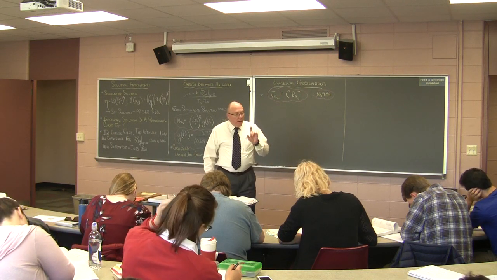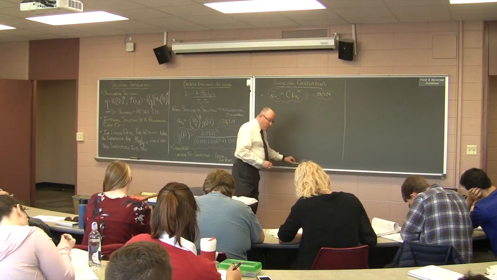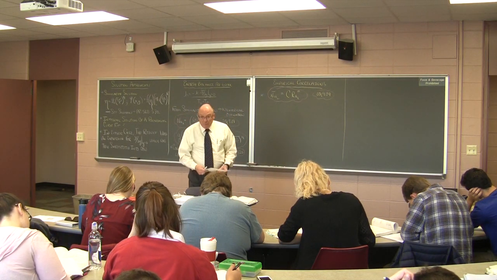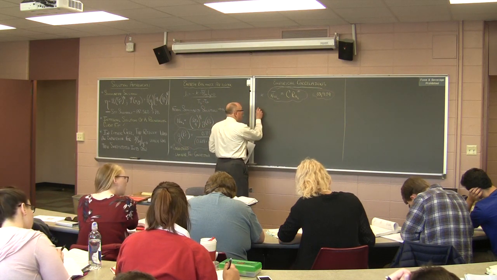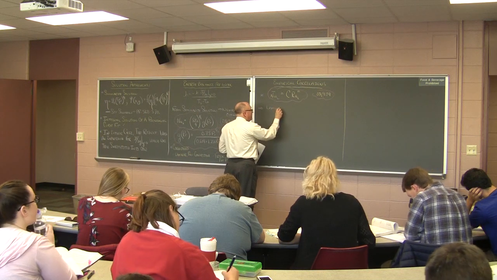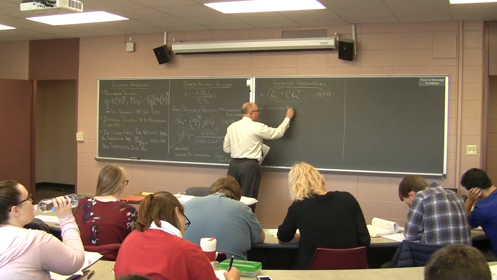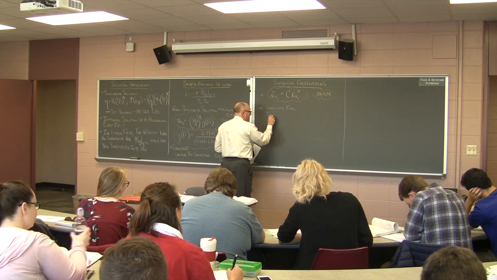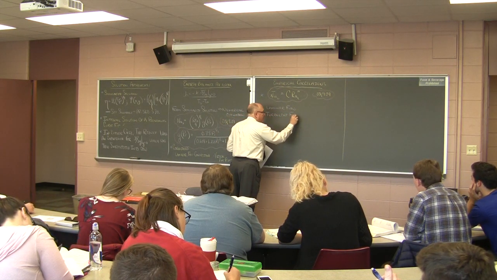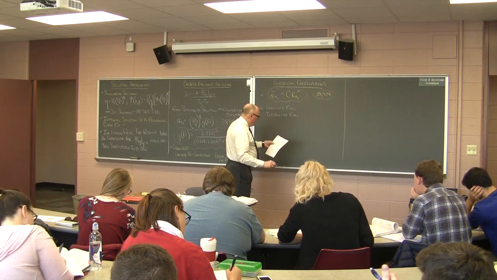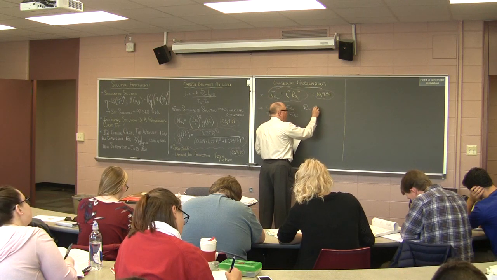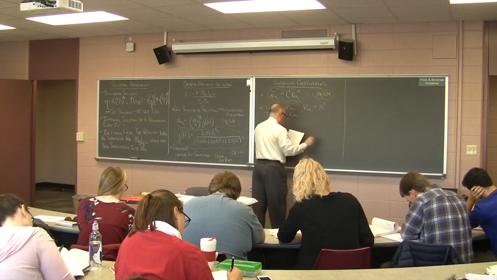By the way, does anyone know from the reading what the breakdown is for laminar and turbulent flow? We'll just make a note here. Okay, laminar flow is when the Rayleigh number is less than 10 to the 9th.